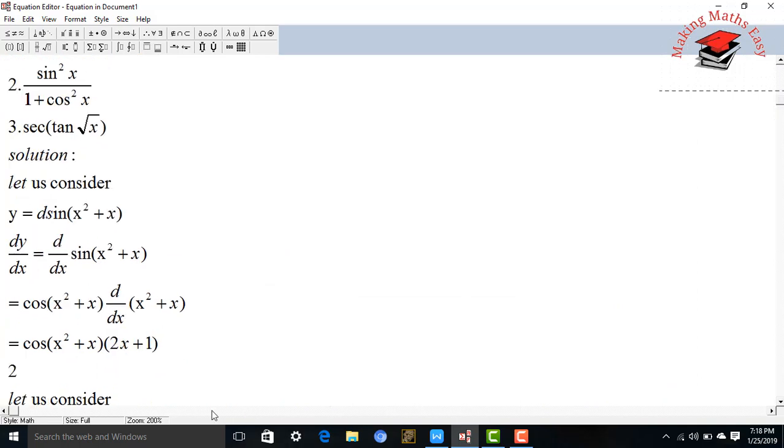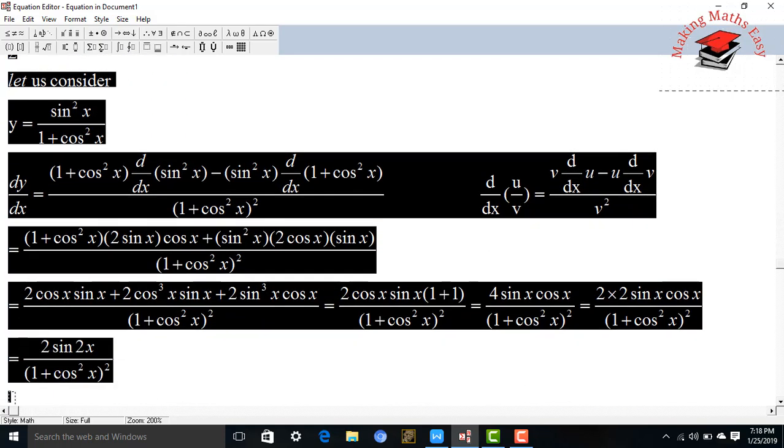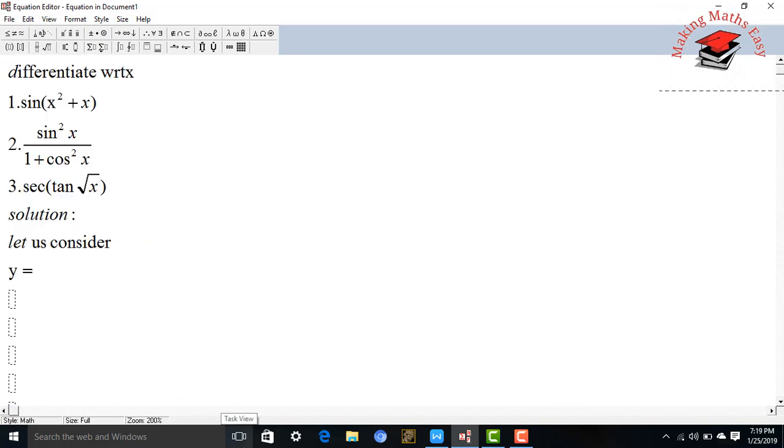The third sum is sec into the tan of square root of x. So first of all, rub all these things, and let us take y equal to sec of tan of square root of x.